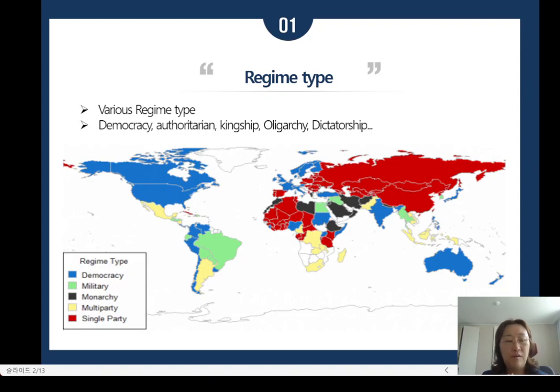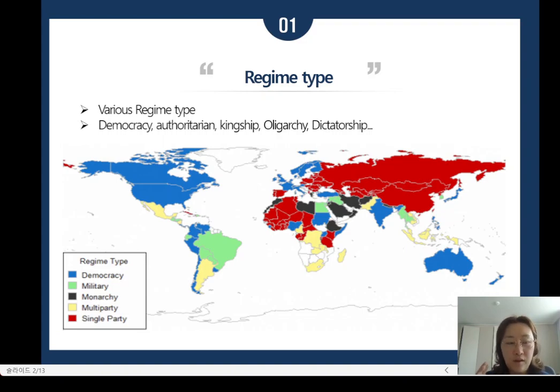Monarchy is kingship, so a king rules the society. So there are some monarchies here and democracy, but because of the map, in terms of area, we feel like there are a lot of single party regimes, but in terms of number of countries, democracy is most.